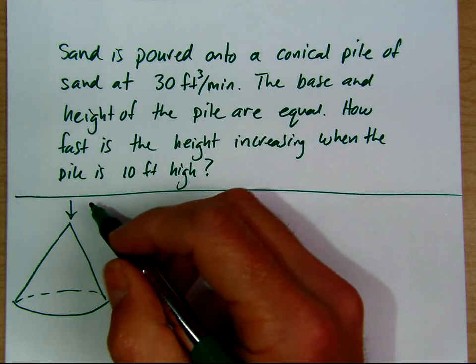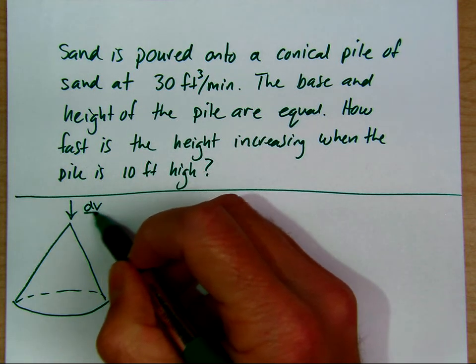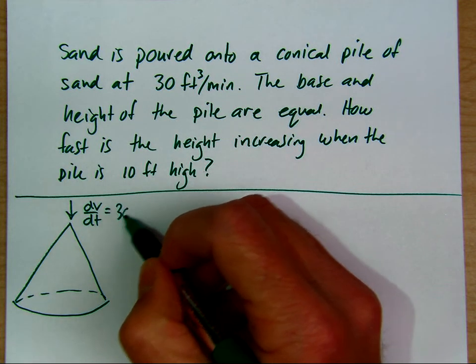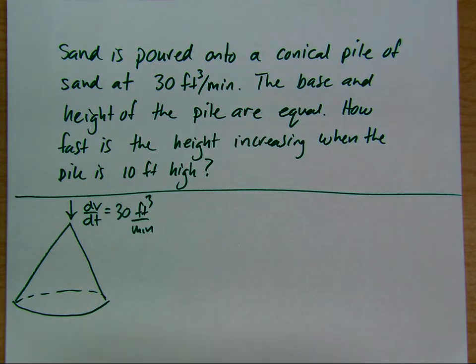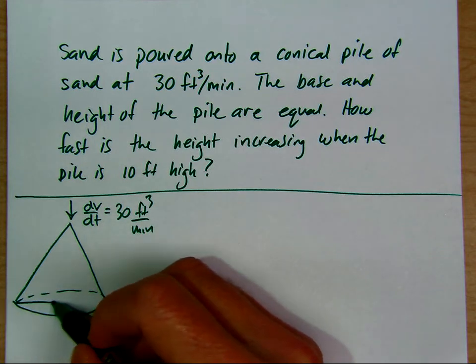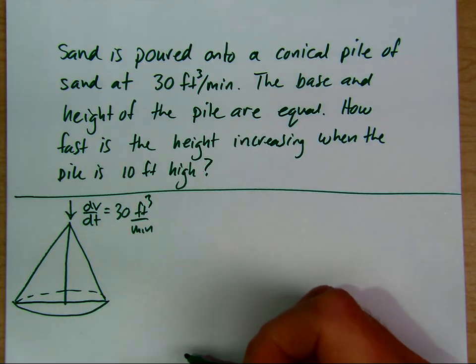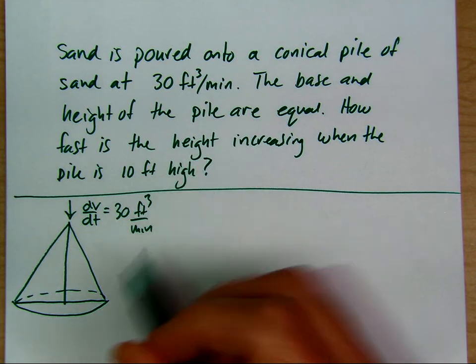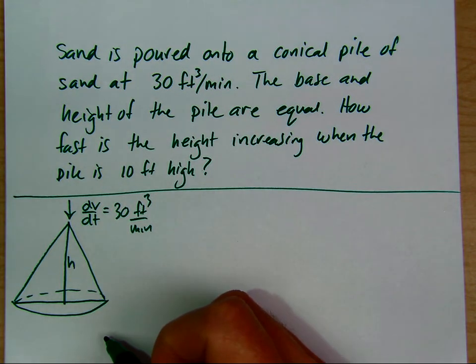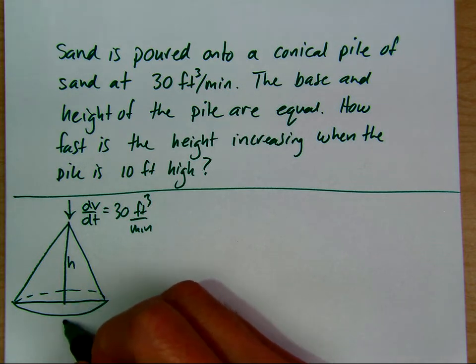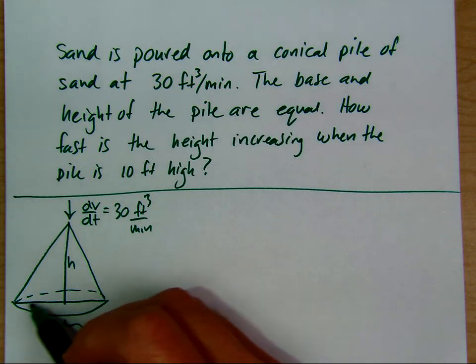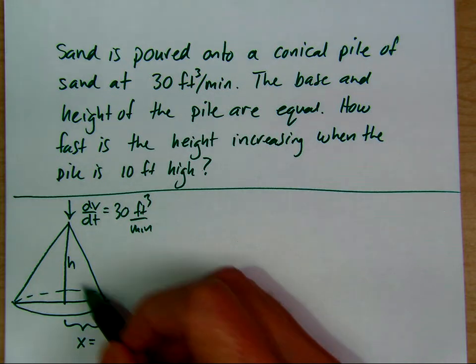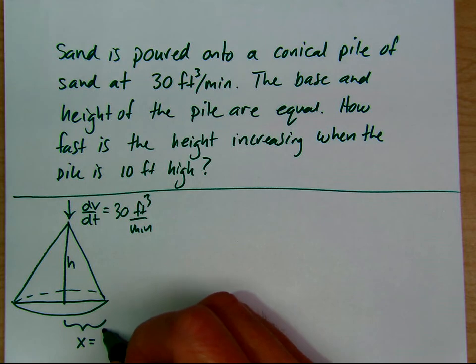We know that dV/dt is 30 cubic feet per minute. And we know that the base, this length, and the height are equal. Find dh/dt. So we know that should be h. But let's call this length x. And we know that if this length is equal to this, then this length must be h over 2.